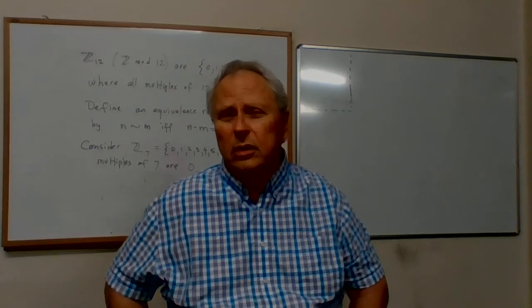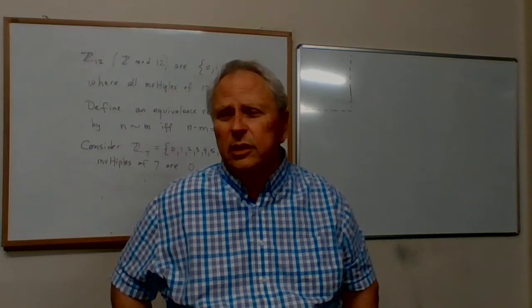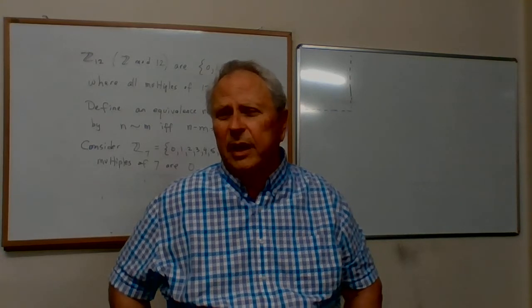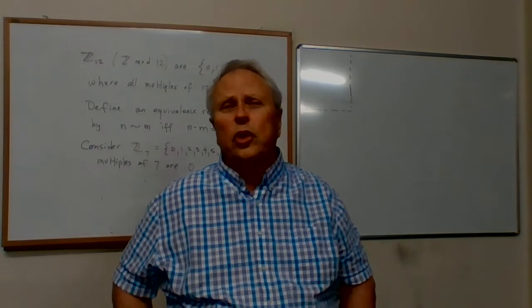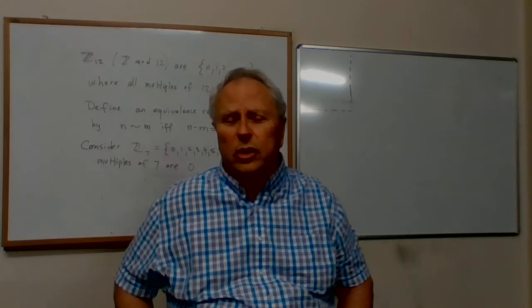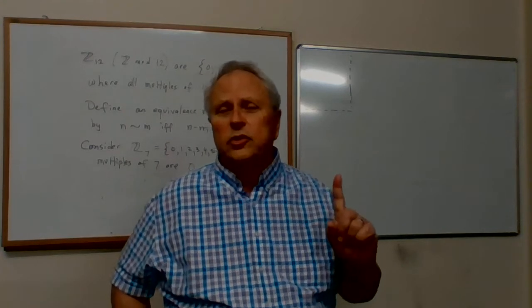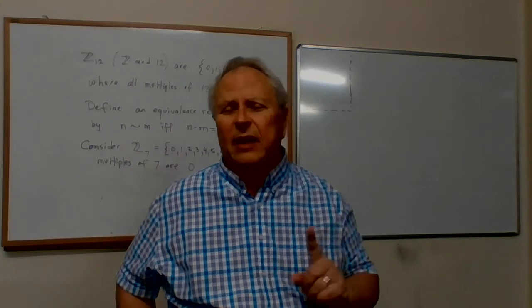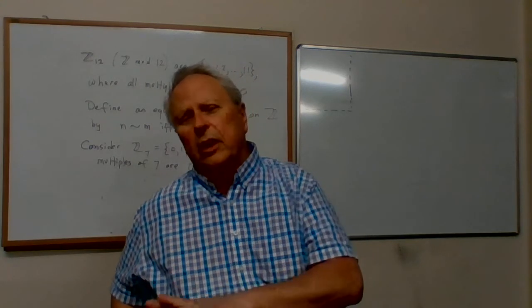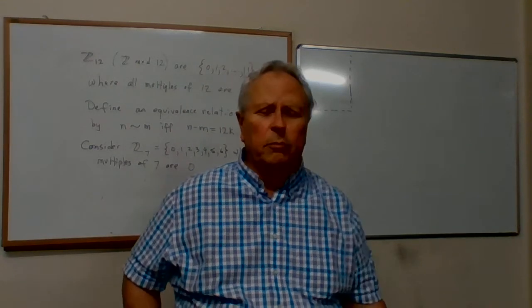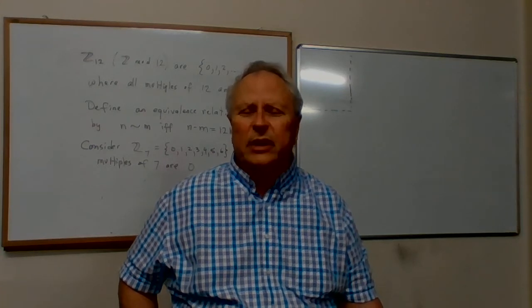We try them all. 4 times 11 is 44, which is the same as 8. So none of them are going to give me 1. So the punchline to that is 4 does not have a multiplicative inverse in Z mod 12, but it does have a multiplicative inverse in Z mod 7.